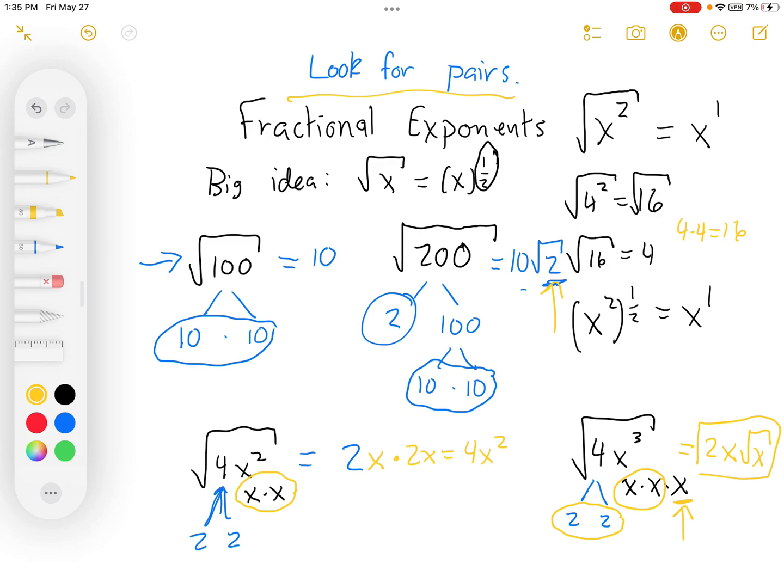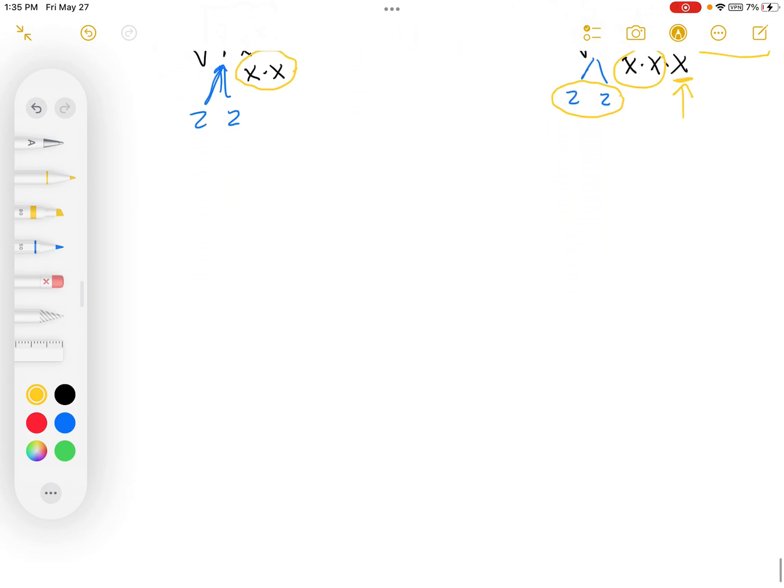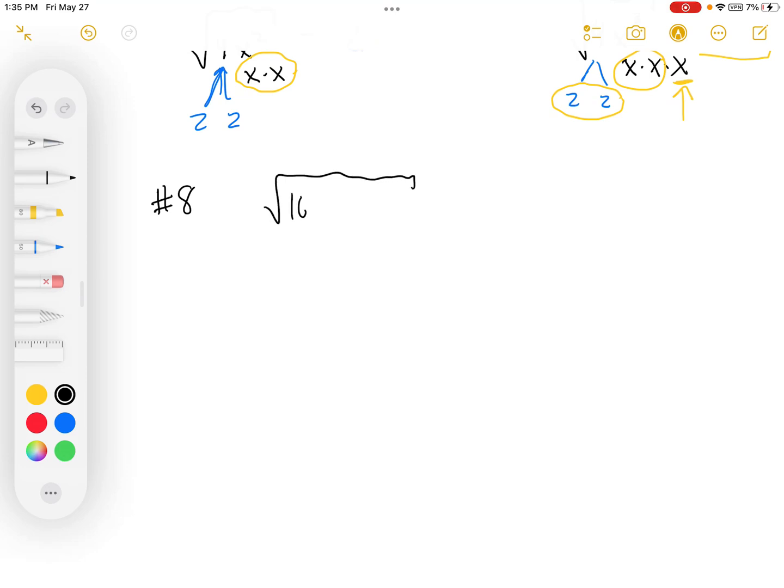Let's go ahead and try a more complicated problem. So for example, let's look at number 8 from the homework. The radical of 16 x to the 4th, y to the 3rd, z to the 3rd. Let's start with the number. We've already discussed in this particular video that 16 is the same thing as 4 times 4, leaving us with a pair of 4's.